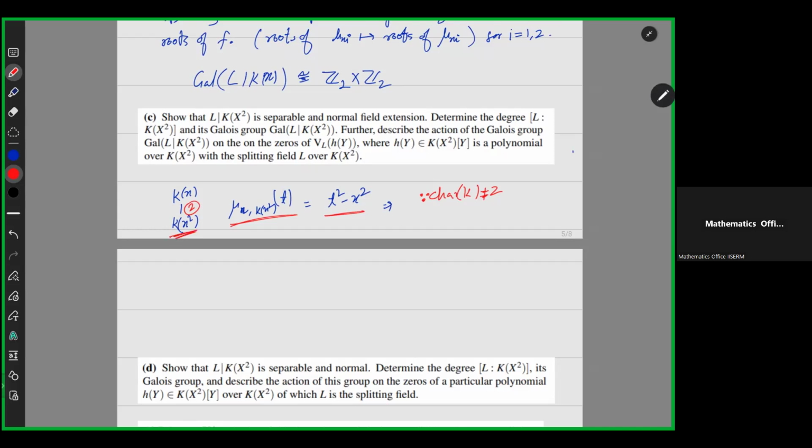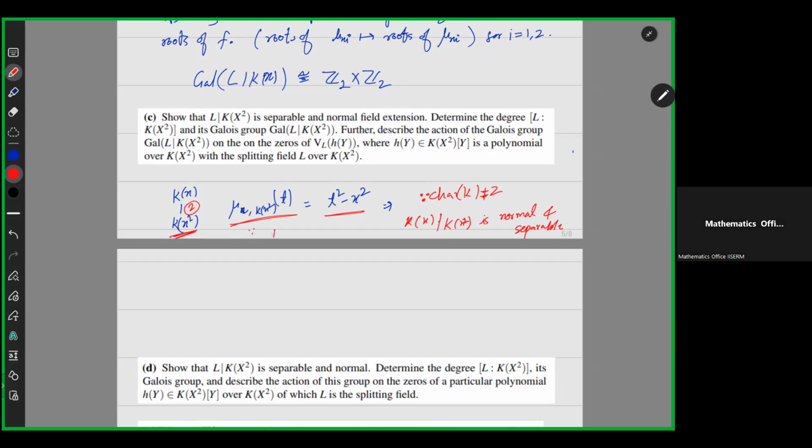So this is a separable field extension. In fact, this is a Galois field extension. This implies kx over kx square is normal and separable.